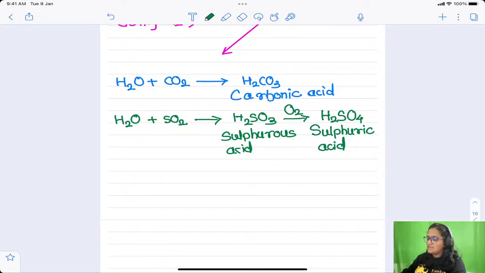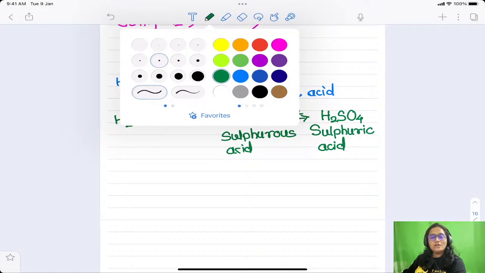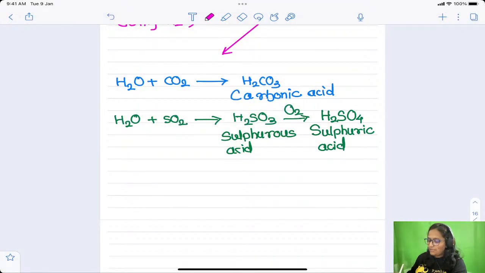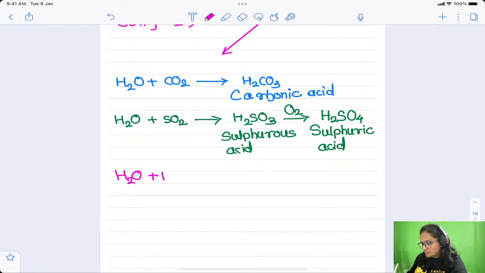Yes, these are the acids formed in the atmosphere due to sulfur dioxide. Then next is nitrogen dioxide, NO2. It gets converted into HNO3. HNO3 is called nitric acid.